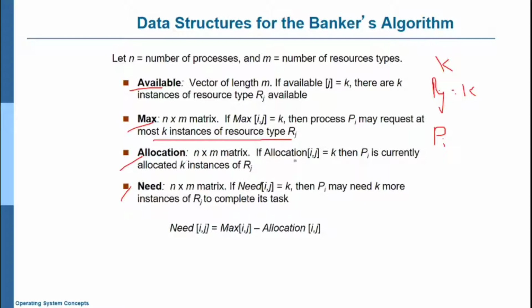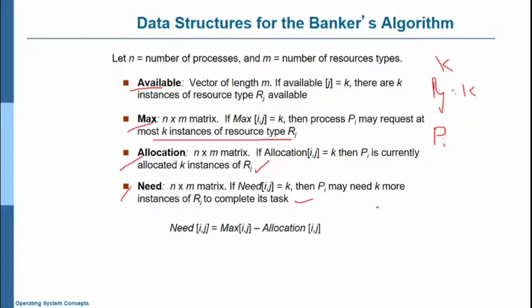Allocation: if Allocation[i][j] is equal to k, then Pi is currently allocated k instances of resource type Rj. Need is a two-dimensional matrix. If Need[i][j] equals k, then Pi may need k more instances of Rj to complete its task.